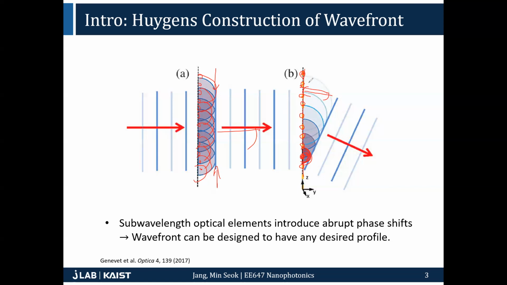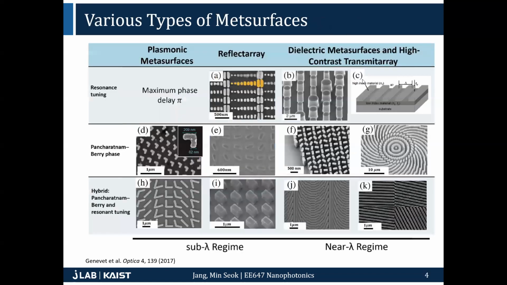And if you do so, then even though it's thin and flat, you can basically make your electromagnetic wave be deflected, right? So that's the key. So the main idea is how to design this thing so that you can manipulate the wavefront as you want. So that's the main idea of metasurfaces.